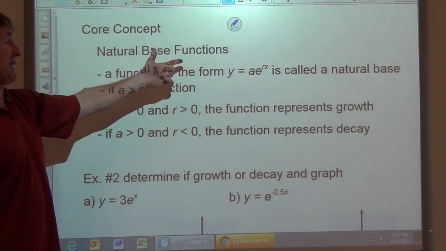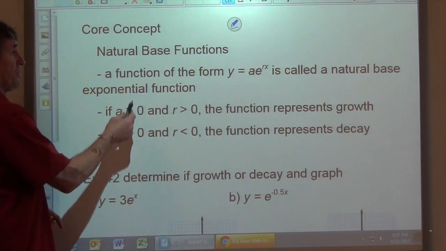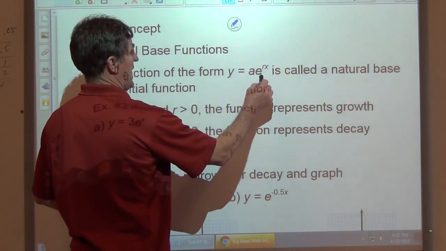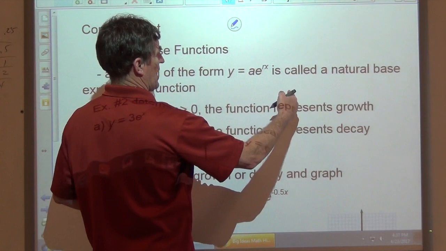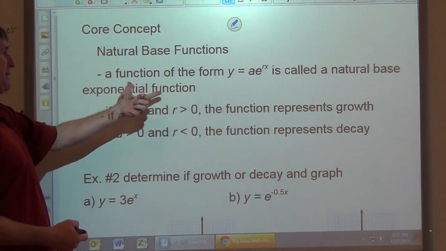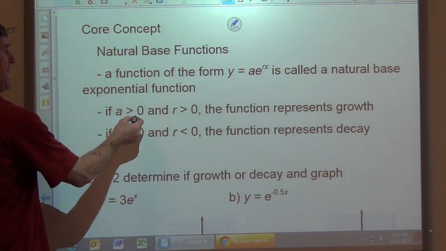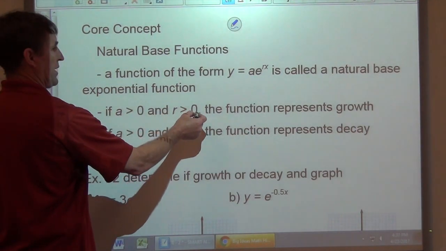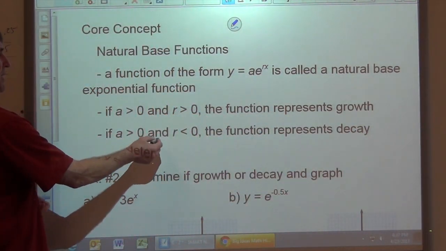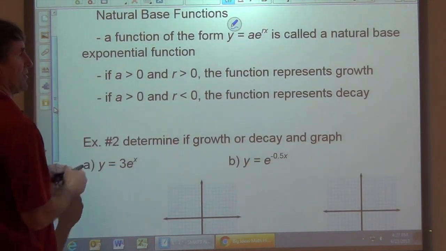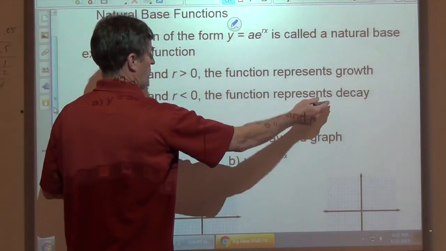Now, natural base functions. A function in the form y equals a e to the r x, that's r times x, is called a natural base exponential function. If a is greater than 0 and r is greater than 0, then the function represents growth. If a is greater than 0 and r is less than 0, so negative, then the function represents decay.